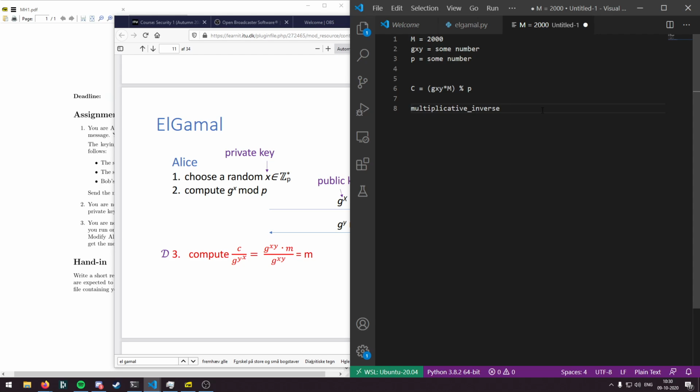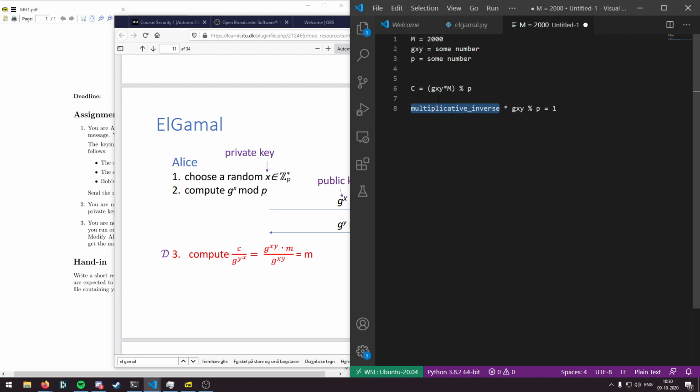So the number times gxy modulo p is equal to 1. This number here that we don't know needs to be the number that we multiply gxy with under modulo p so that we get 1.